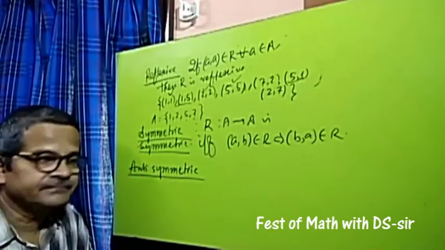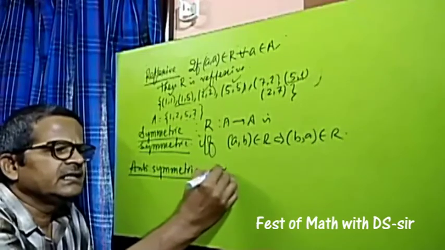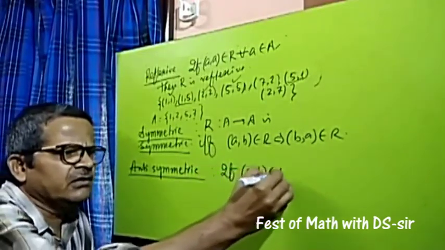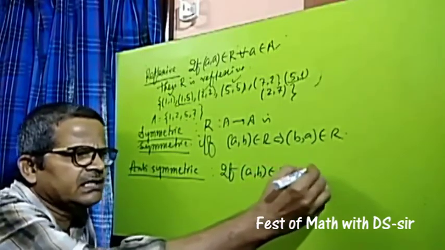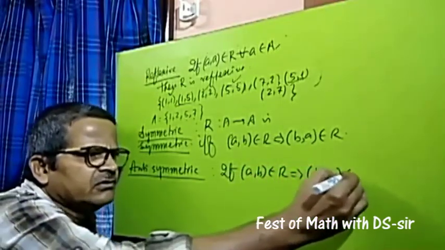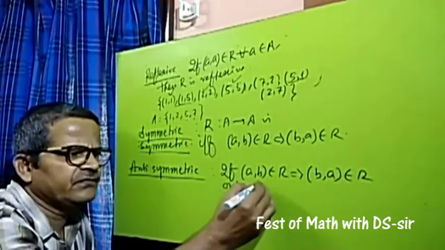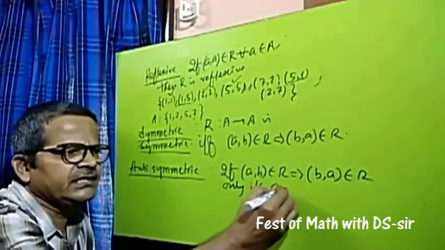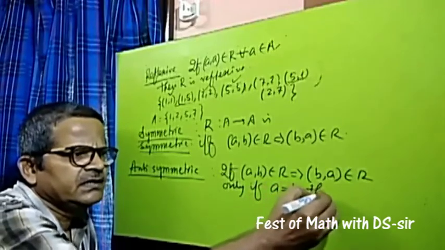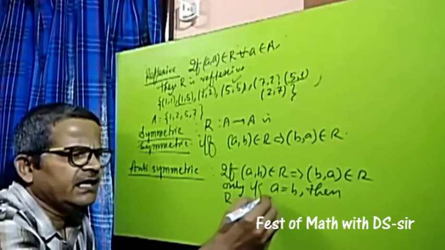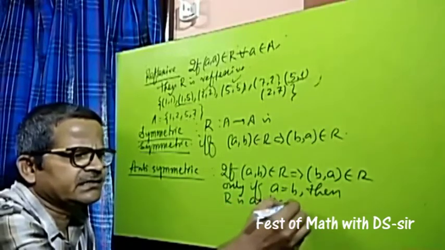What is it? It says if (a, b) belongs to R implies (b, a) belongs to R only if a is equal to b, then R is anti-symmetric.